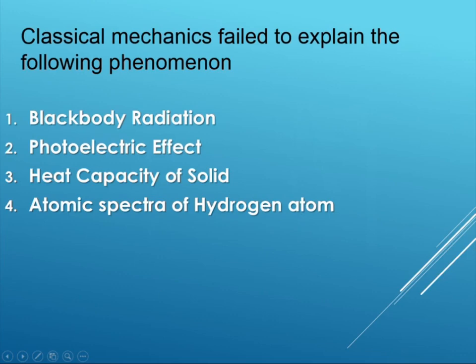I repeat once again, classical mechanics fails to explain these four phenomena. Here you will learn how classical mechanics fails to explain black body radiation and how quantum mechanics successfully explains it.